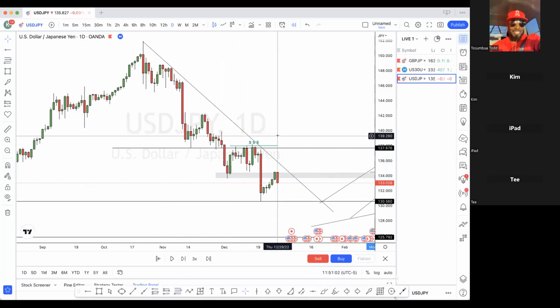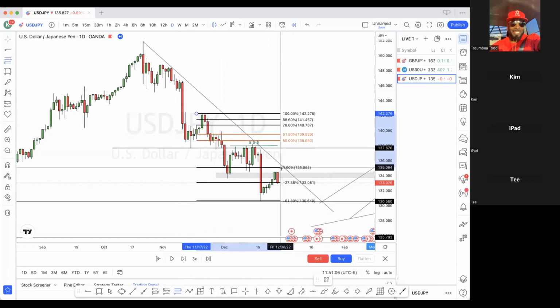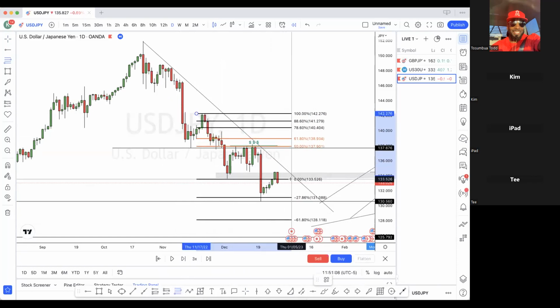For instance, this here. So this pulled back to the 50%, right? Pulled back to my trend line. It came back and retested my zone that I was expecting it to retest.